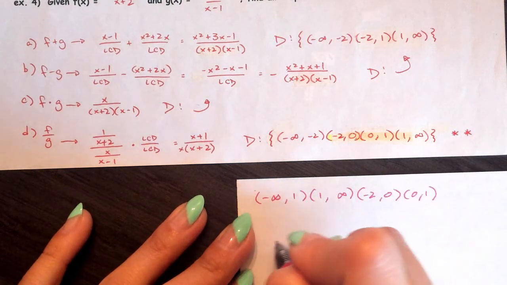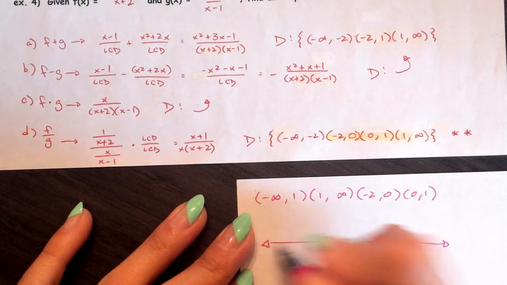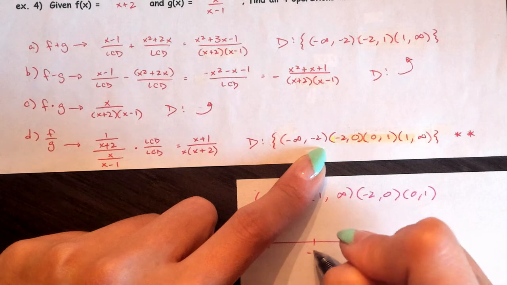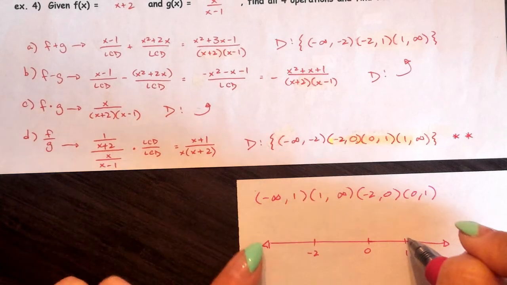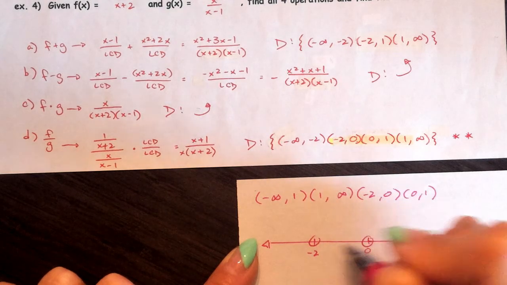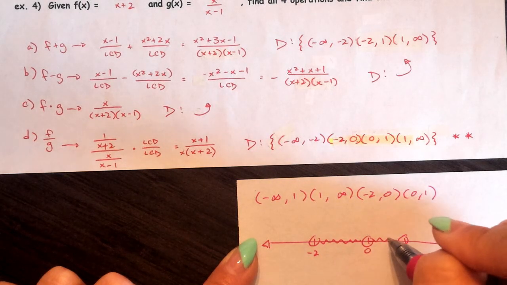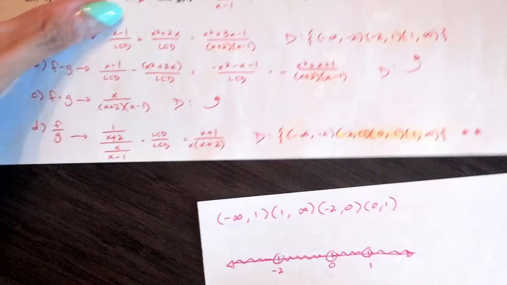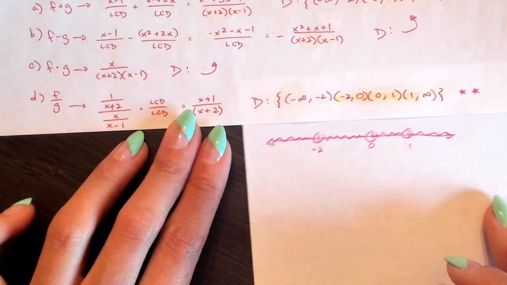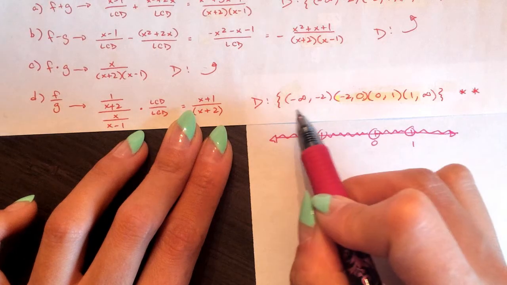When you draw a number line, and I'm saying you can't have a negative 2, you can't have a 0, and you can't have a 1, everything else is okay. So on a number line, this is my answer, and this makes sense with this answer.